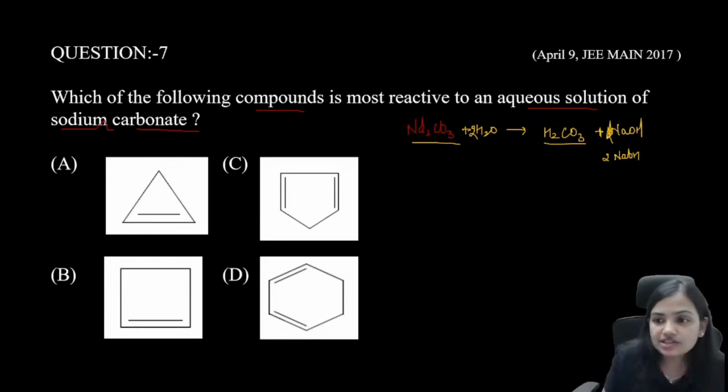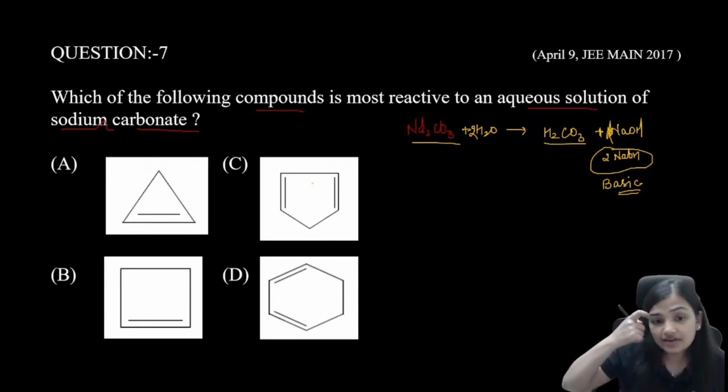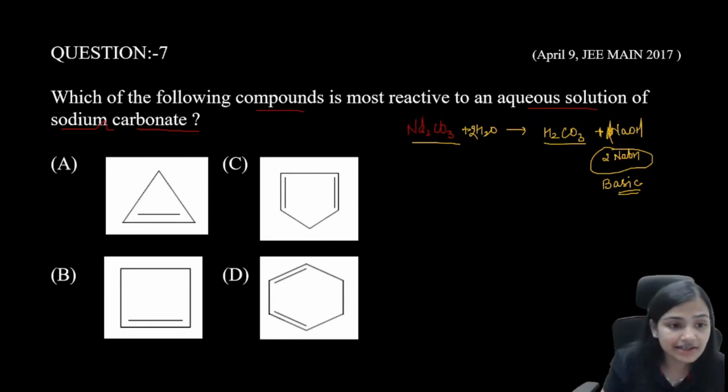You know, NaOH is a very strong base, so ultimately this solution is going to be basic in nature. If NaOH is a strong base, it will try to pull the H positive, that is the acidic hydrogen. Here I have the acidic hydrogen, and this is my OH negative.